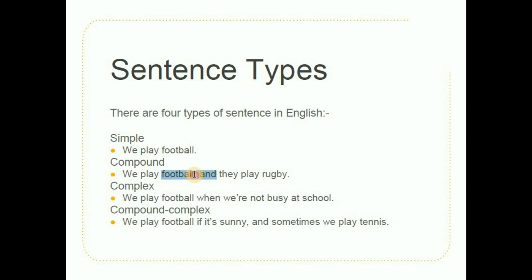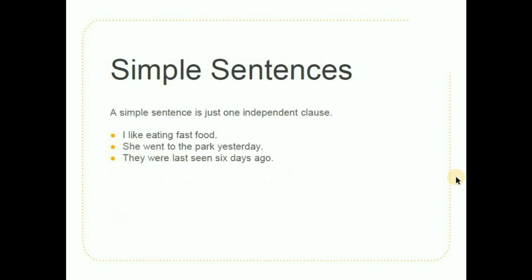In the compound sentence, you can see we have 2 independent clauses joined by a comma and the word and. This is a coordinating conjunction. So simple sentences are just one independent clause.